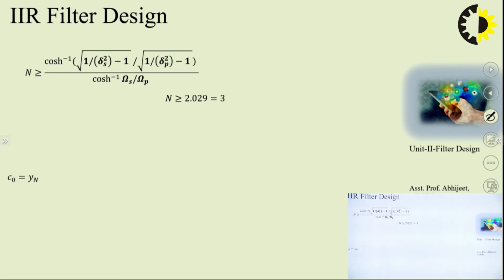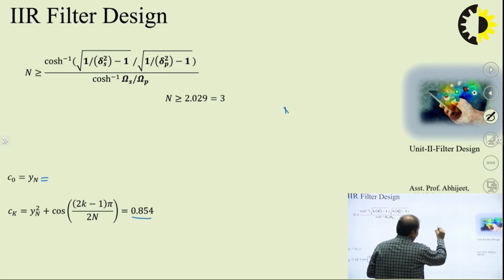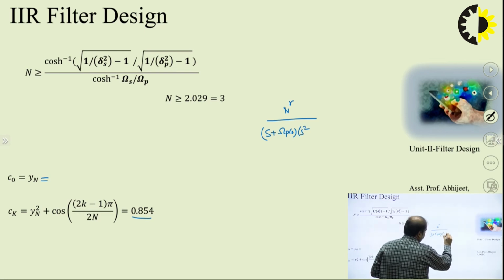If n is equal to 3, I can evaluate what is C naught, by the formula that we have used in terms of epsilon, and ck is y n square plus cos square of 2k minus 1 pi by 2n, which comes out to be 0.854. Remember, since n is 3, I will have a numerator and I can have s plus omega p into C naught, and I will have a quadratic part here.